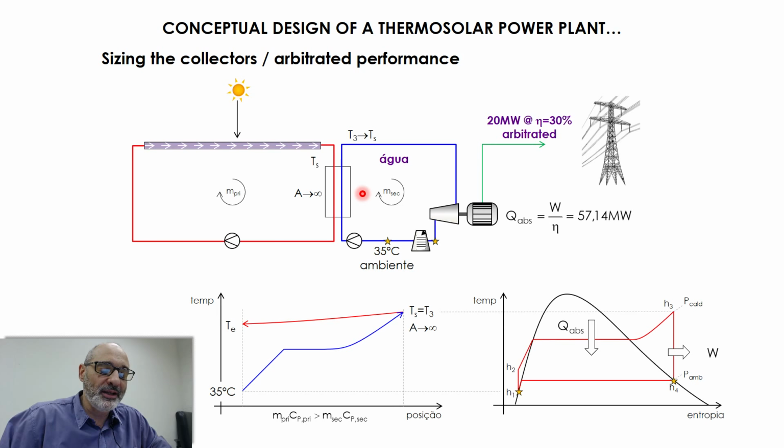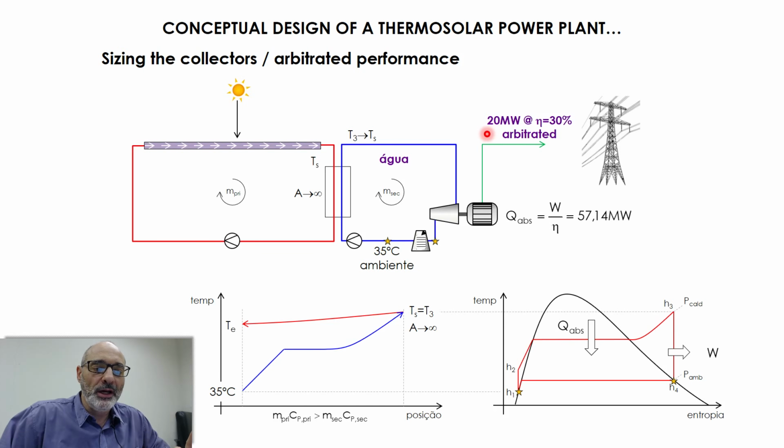Then the primary liquid heats the secondary liquid. In this case, we have liquid water here, and here we have high pressure, high temperature steam, so it's going to drive the turbine. But we're going to see this in a minute. I'm just explaining these parameters because I want to simplify the problem a little bit.